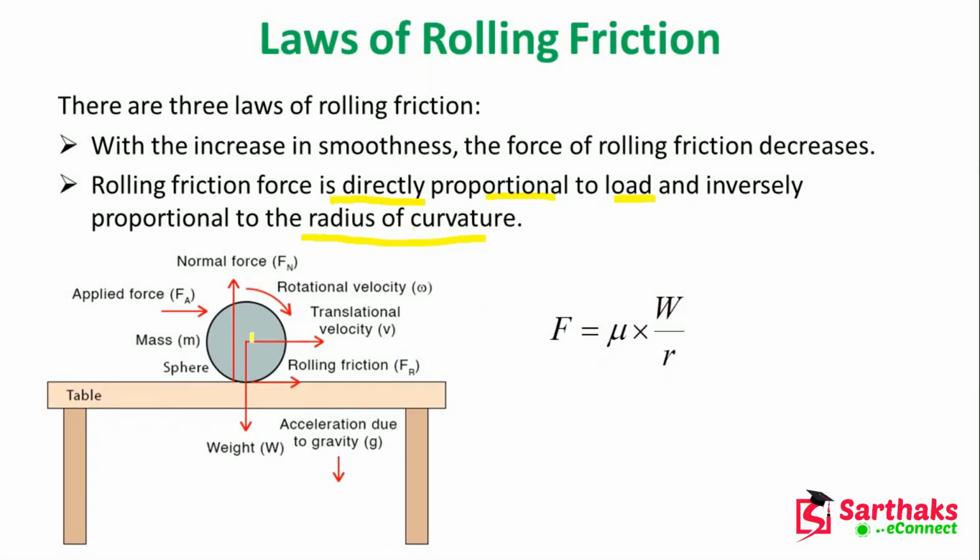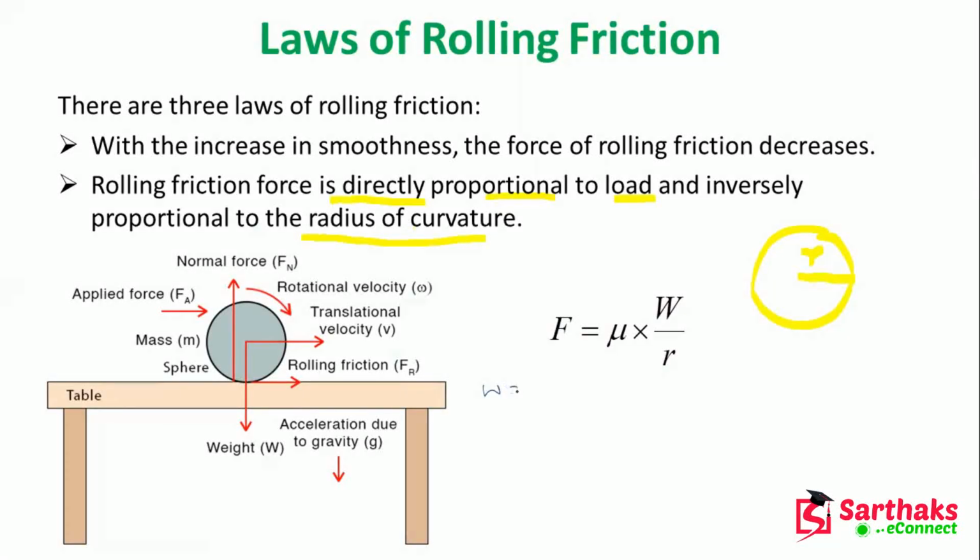Now suppose you have one block here, and the radius of curvature is R. So here the rolling frictional force is directly proportional to the load or the weight of the object and inversely proportional to the radius of curvature.